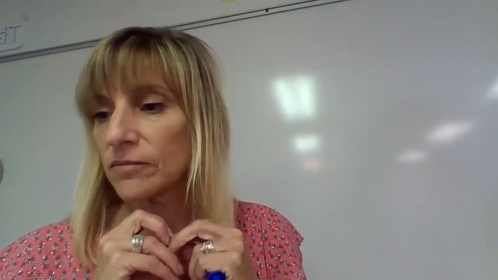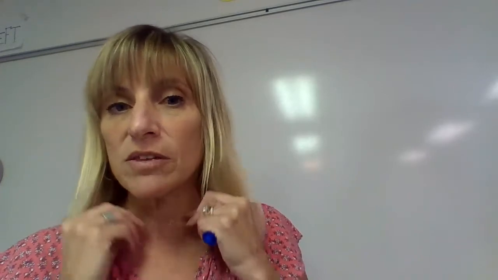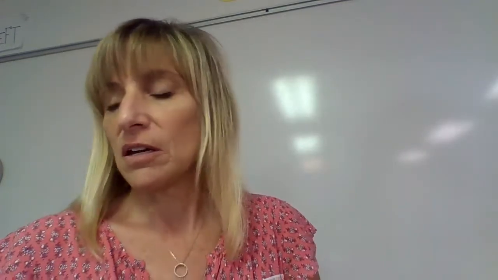C is 23,020. And D, that's a Roman numeral, remember those, is 4. So you're going to circle the Roman numeral that is 4.